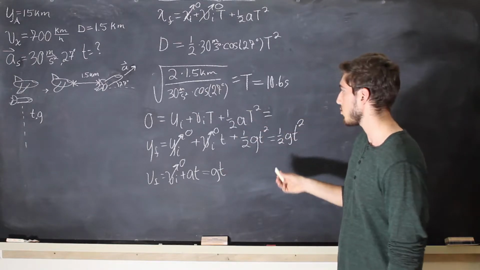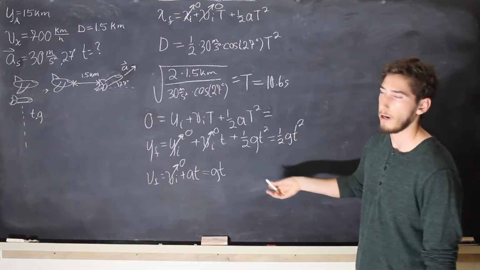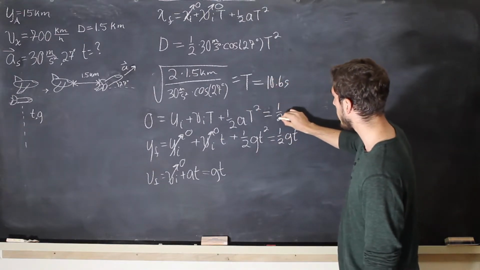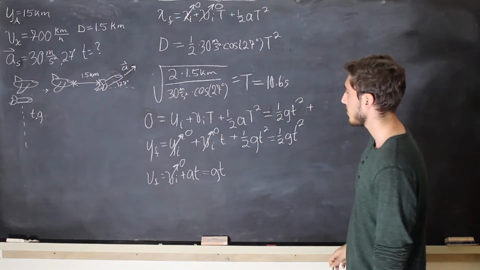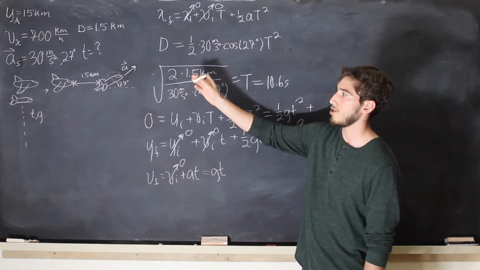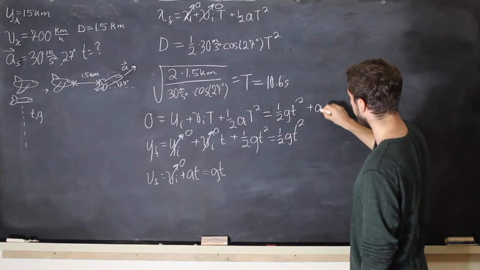So the y initial is going to be equal to the y final from this formula, or the y final from when the shuttle is dropping. So it's going to be 1/2 gt squared plus v initial is going to be the v final from when the shuttle drops. So that's equal to gt.